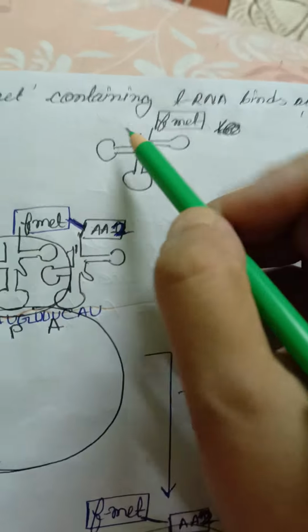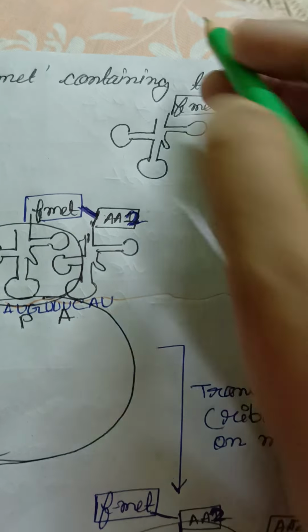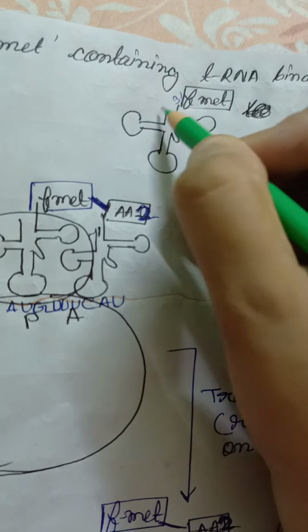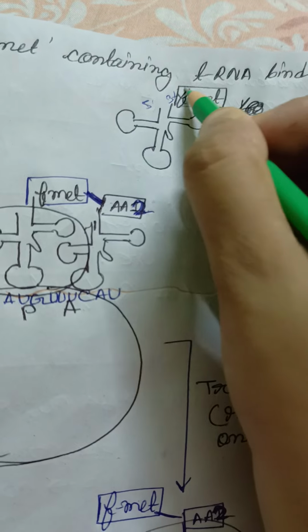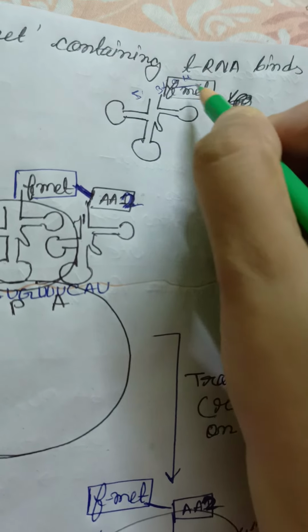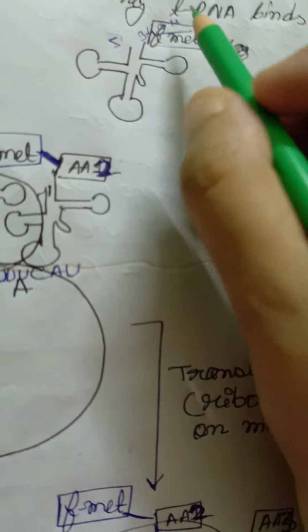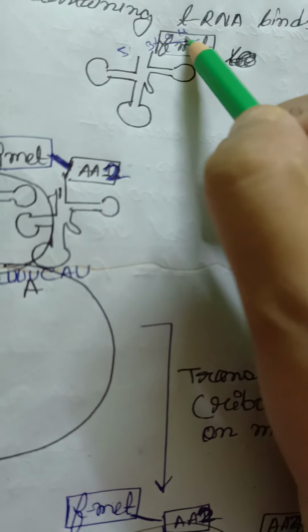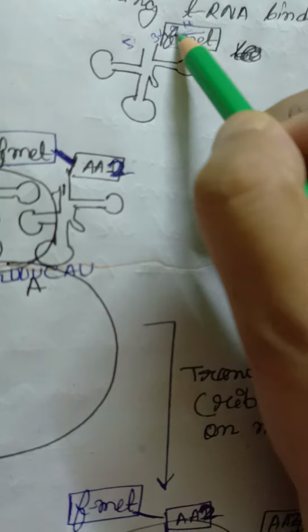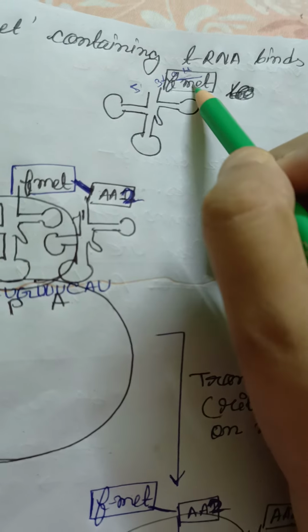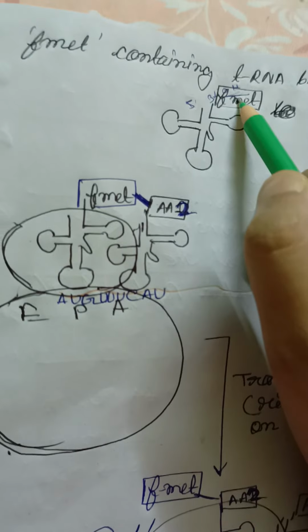Now you see the FMet-containing tRNA binds at site P. Suppose this is the 3' end and this is the 5' end, and at the 3' end, OH is the functional group. That's why whatever takes place happens at the 3' end, where the OH functional group is present. So the first amino acid will bind here.